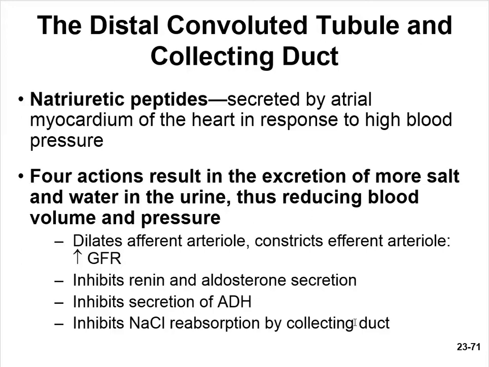It inhibits renin and aldosterone secretion. It inhibits the secretion of ADH and inhibits sodium chloride reabsorption by the collecting duct. So if we keep more sodium in the nephron, then more water will leave with the urine, and then blood volume should go down, and then blood pressure should go down.